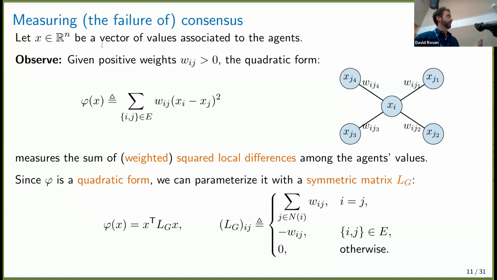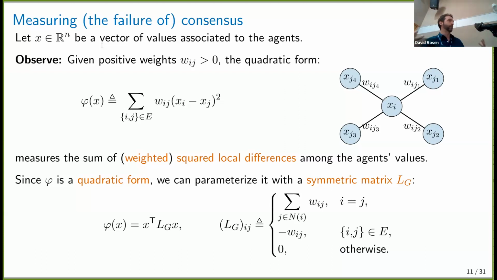Okay, and this is a quadratic form. Like any other sum of squared errors term, I can take that and purely algebraically represent it using a quadratic form that's parameterized by a matrix, which I'll call L_G. And with a little bit of algebra, it's pretty easy to show that each of the rows and columns of this matrix are indexed by an agent number.